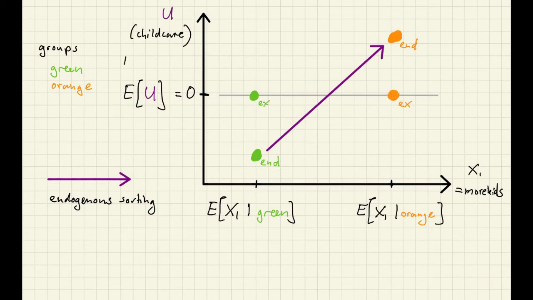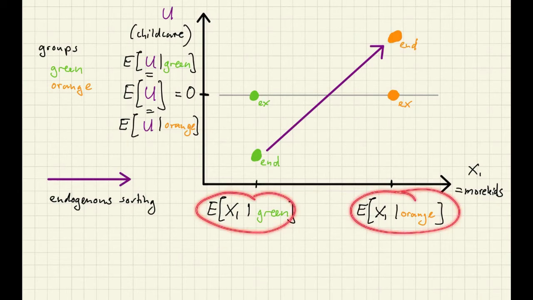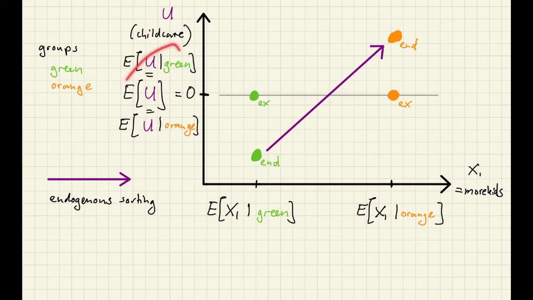The average level of u in the green group is equal to 0, and the average level of u in the orange group is also equal to 0. If we compare the two groups from an exogenous sorting, then we're comparing two groups with different levels of x1, but similar levels of u.